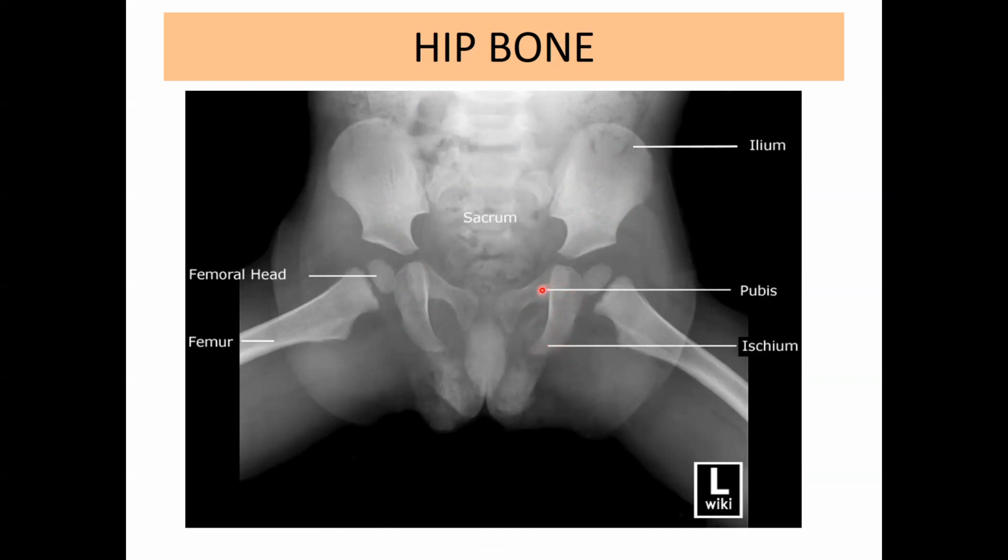Ischium is bigger than the pubis, and ilium is easily identified in this X-ray. When is the hip bone in pediatrics not yet fused? They will fuse at about 11 to 15 years old.